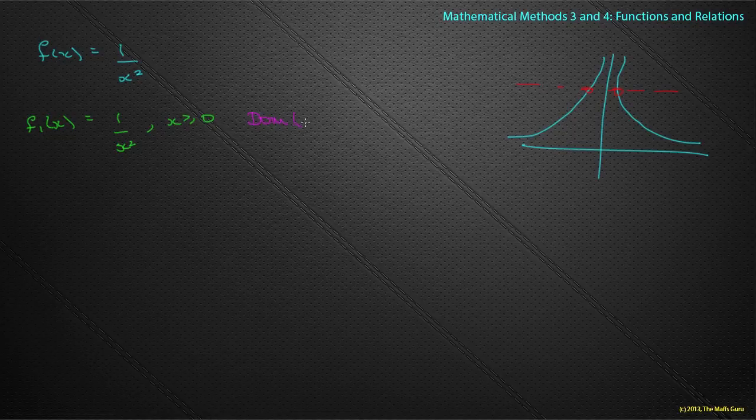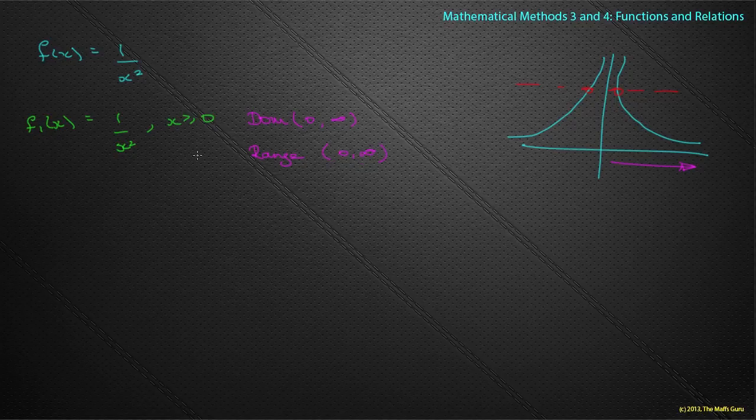The domain for this is going to be the values here that are possible for x. It would be from 0, but not including 0, through to infinity, not including infinity. And what would my range be? Well, what would the values be? Again, 0 to infinity, but not including.